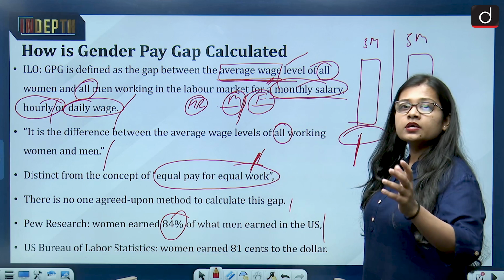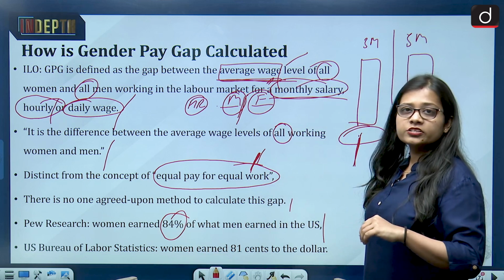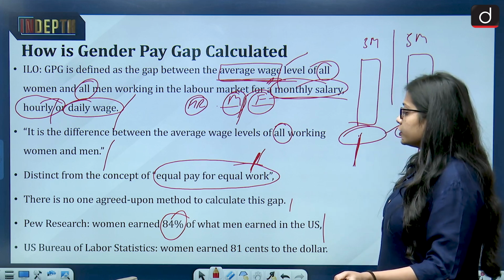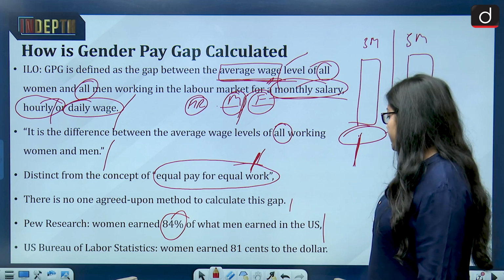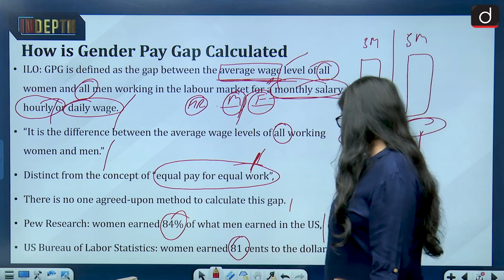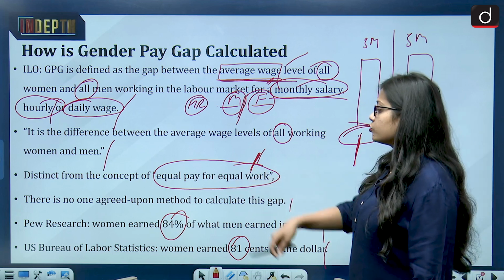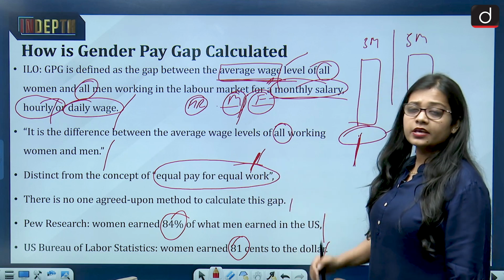So even in the biggest economy of our time, women are paid less than men. The US Bureau of Labor Statistics says that women earned 81 cents to the dollar. So according to both, females are earning less than males.